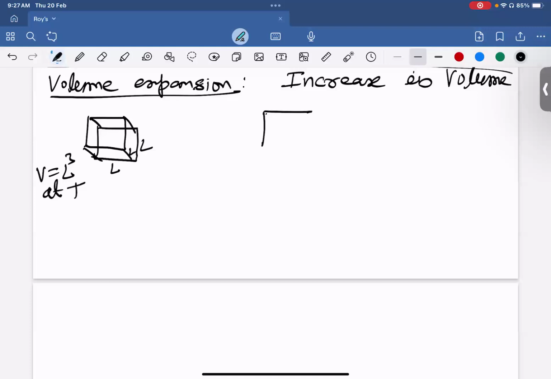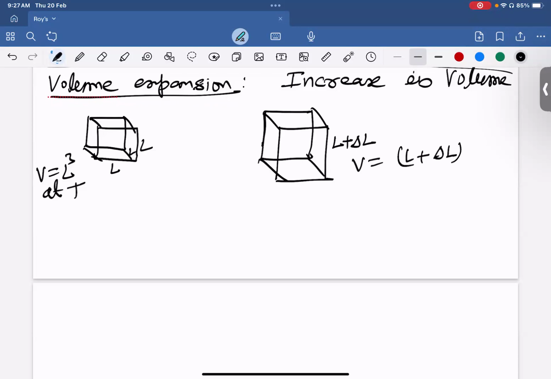Now with slight increase in temperature, let's suppose the expansion happens and now the sides become L plus delta L. So now the volume will be (L plus delta L) cube, and that happens at temperature T plus delta T. And this volume also increases. We write V plus delta V. That means our equation will be V plus delta V is equal to (L plus delta L) cube.